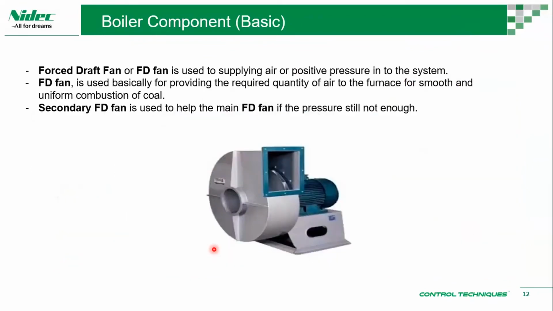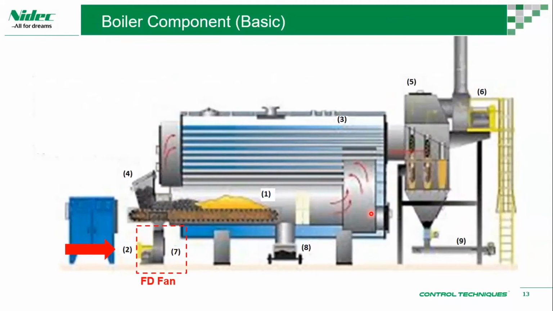Then we move to the forced draft fan, or FD fan, which is used to supply air, or positive pressure, into the system. The FD fan is used basically to provide the required quantity of air to the furnace, to make sure the combustion process is as smooth as possible and the heat transfer is maximally efficient.